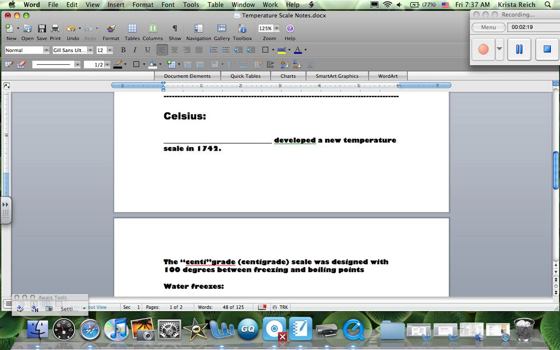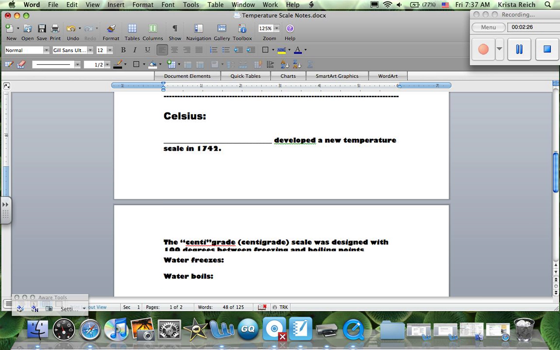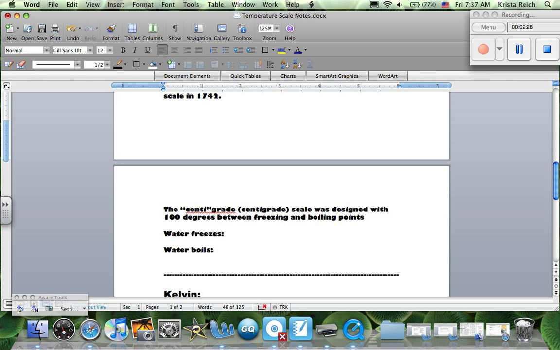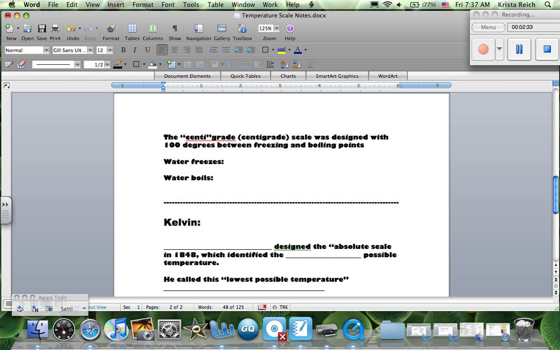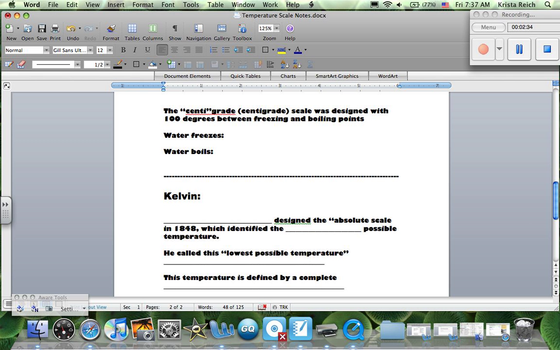If I move down to Celsius, Celsius was developed by a man named Anders Celsius in 1742, and he came up with an easier way of telling temperature or measuring heat. And he used what's called the centigrade scale, based on 100 degrees between our freezing and our boiling points.